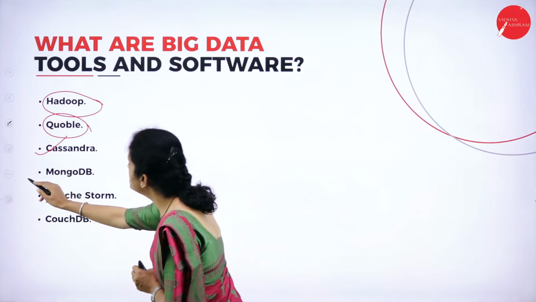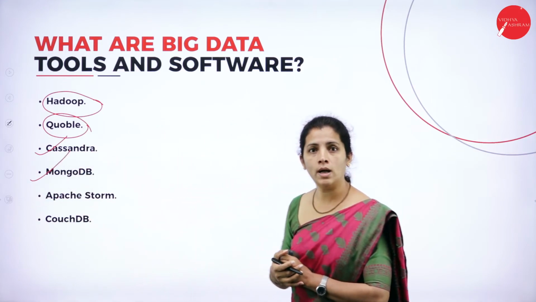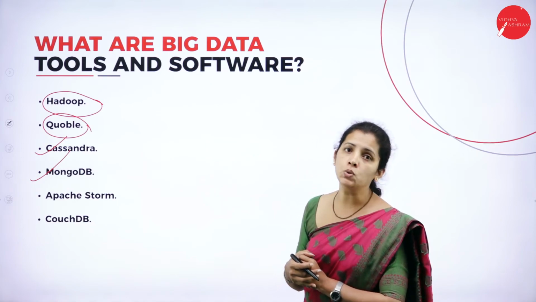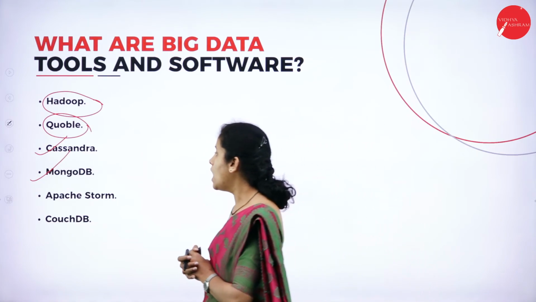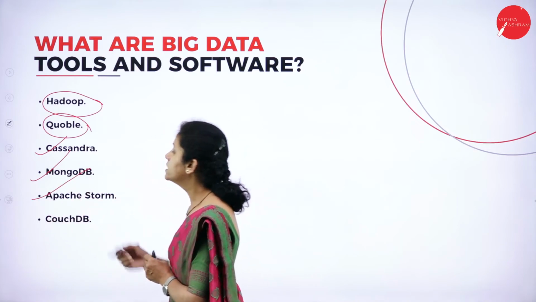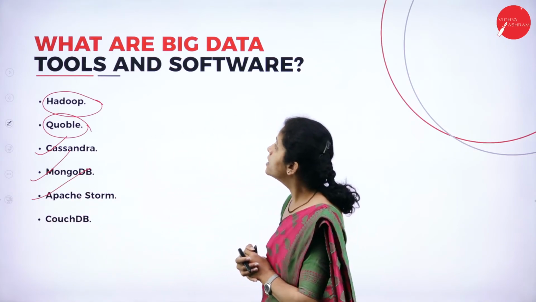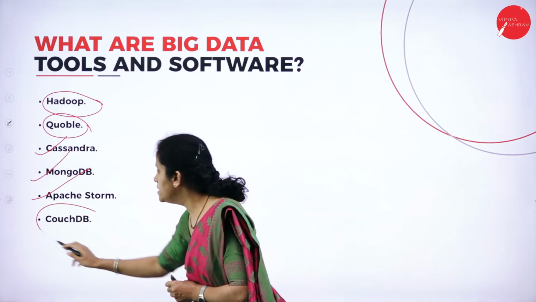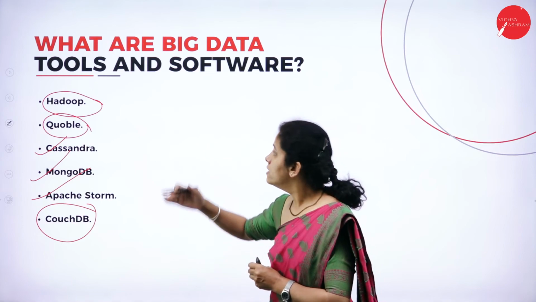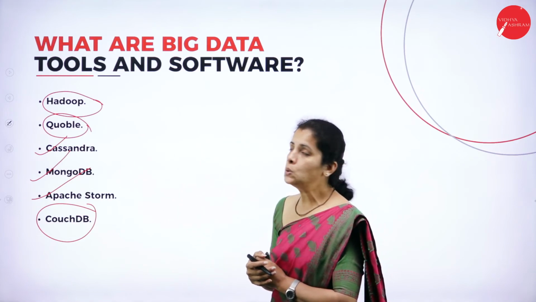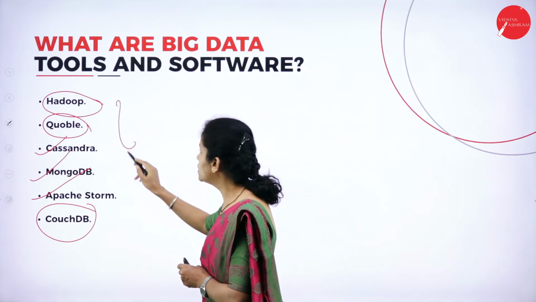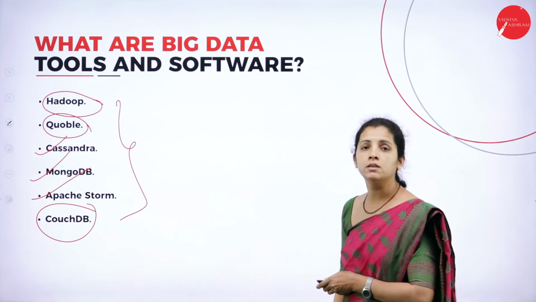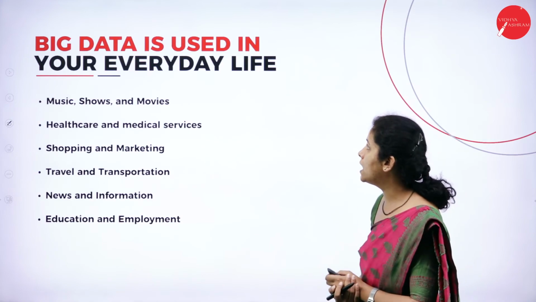And if I consider MongoDB, once again, this is a software tool used to manage big data. Apache Storm is also one of the big data tools, as well as CouchDB. So these are the big data tools as well as software to manage massive amounts of data.